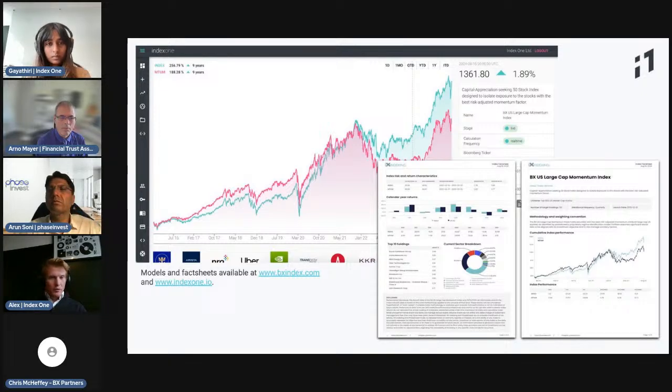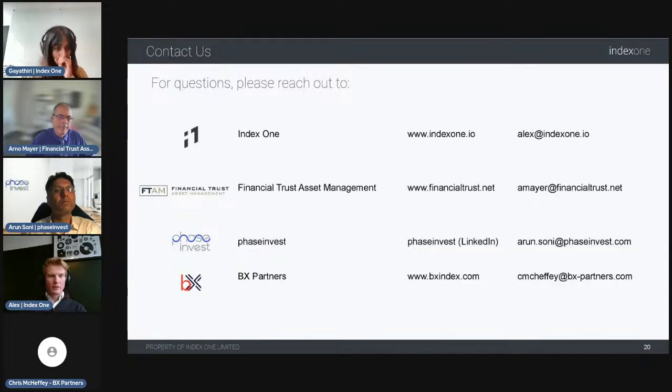Some of the screenshots you see here on the slides are from our tool. We have quite a wide range of performance reporting capabilities, generating fact sheets, and ways of rebalancing indices and monitoring them. So that's really from my side. I'll hand it back to G to wrap things up.